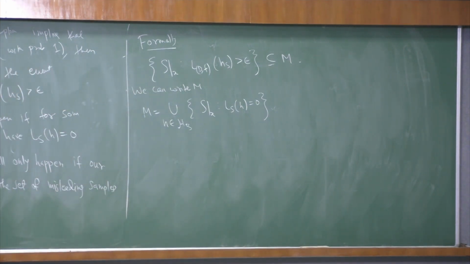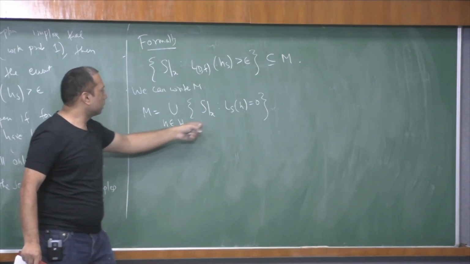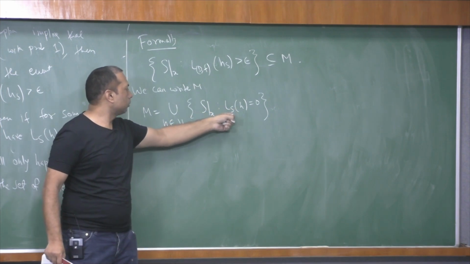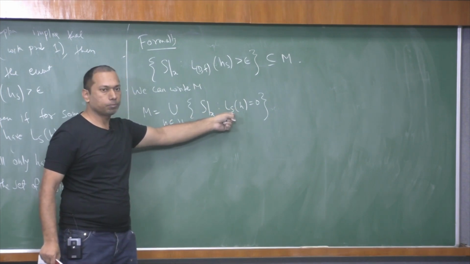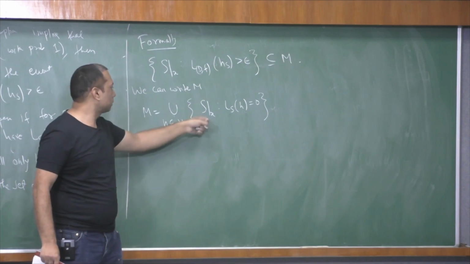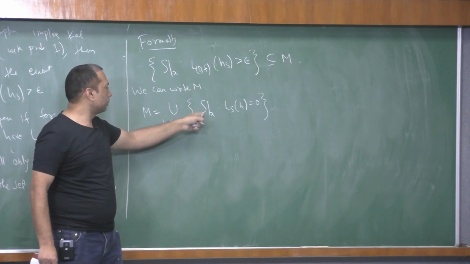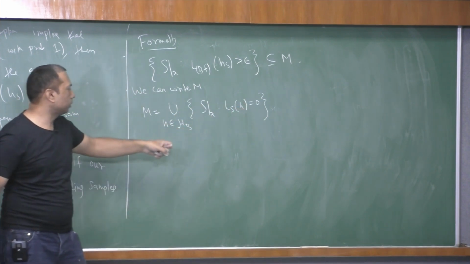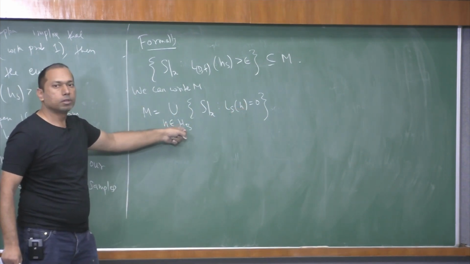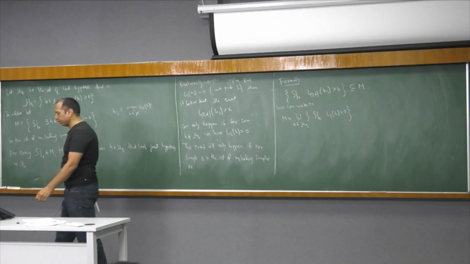Again, I have captured everything here because now I am taking the union over the bad hypothesis class, and these are exactly those over which I am making a training error of 0, but I know they are the bad hypothesis class. So this collection of samples for which I am making a training error 0 with the choice of h from the bad hypothesis class must give me all the misleading samples.